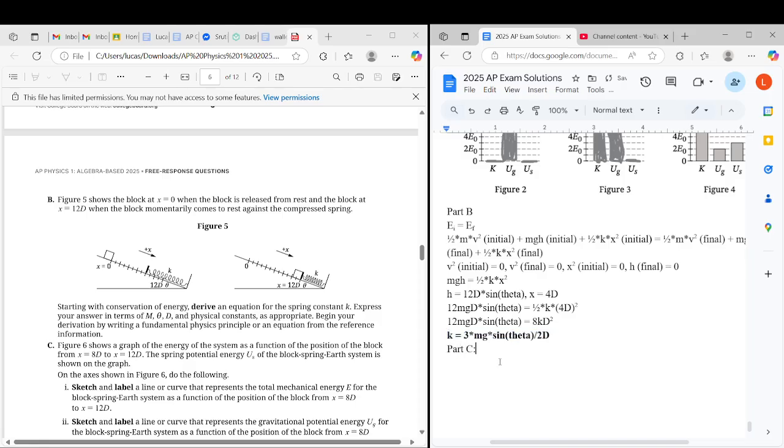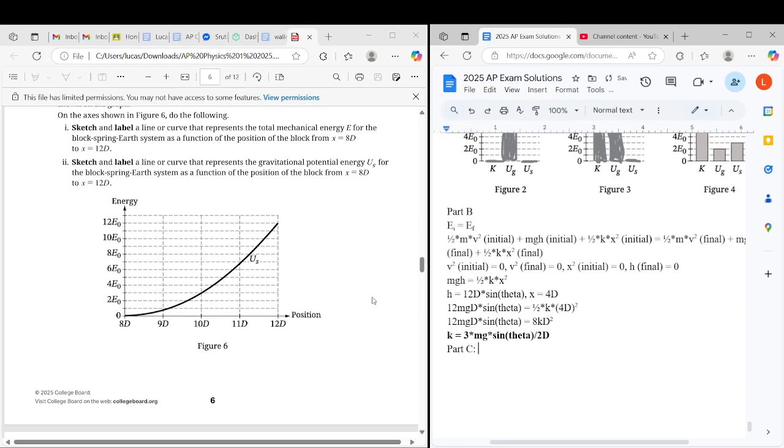In part C, we're asked to do a graph of the energies, and we're going to need to get the total mechanical energy and the gravitational potential energy at each position from once the spring starts getting affected here.